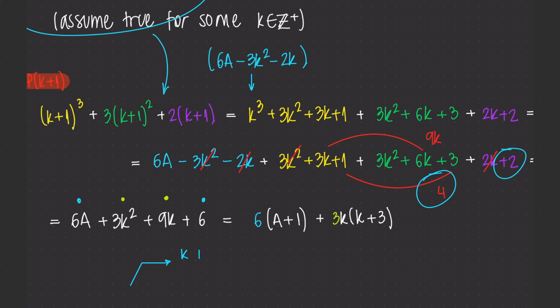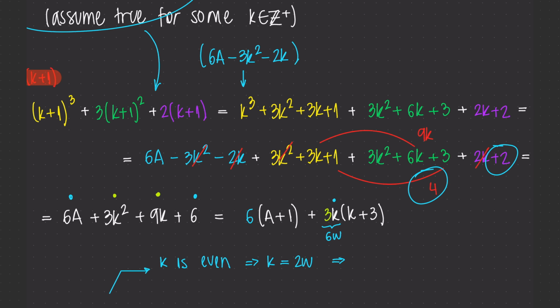Let's say that k is even, which means that this guy is even. It can be written, for example, as 2w, right? Giving us over here a 6 times w, which means that we're going to have 6 times A plus 1 plus w times k plus 3, and then we're fine. We do have a multiple of 6 in this case.